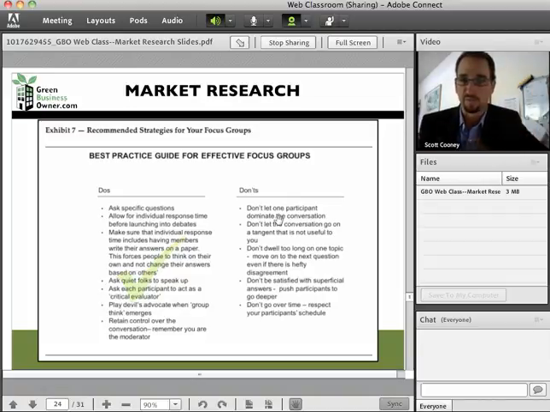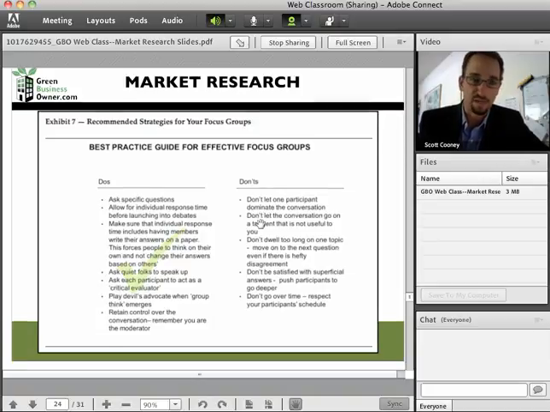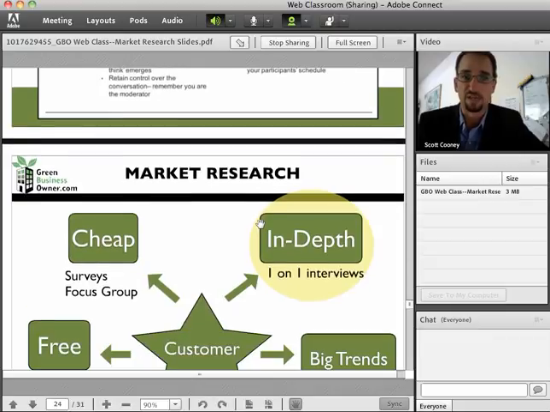The don'ts are typically, don't let anybody dominate the conversation, because then everybody else's opinion gets drowned out or overwhelmed. Push for deep answers, push for real data, and basically respect everybody's time. But you can take a look at that in the needs assessment document. It's just Exhibit 7, so you can look at it on your own time.